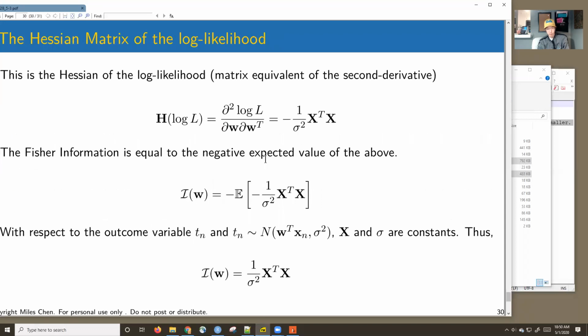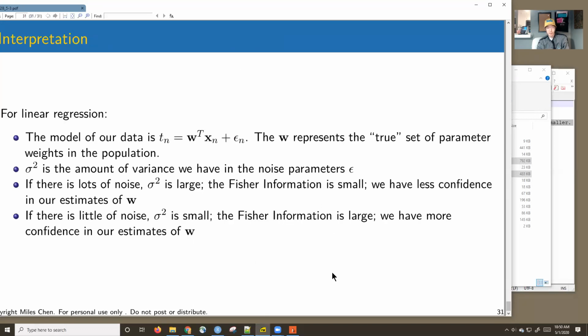Because sigma squared appears in the denominator here, your Fisher information is small, and you're going to have less confidence in your estimates of W. On the other hand, if sigma squared is small, the Fisher information is large, and you have more confidence in your estimates of W.